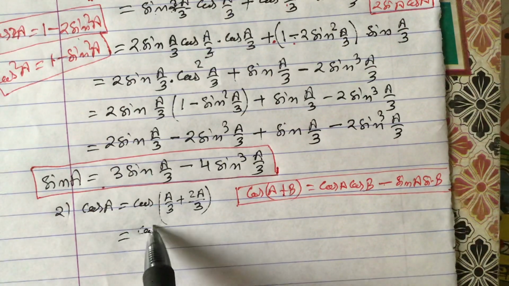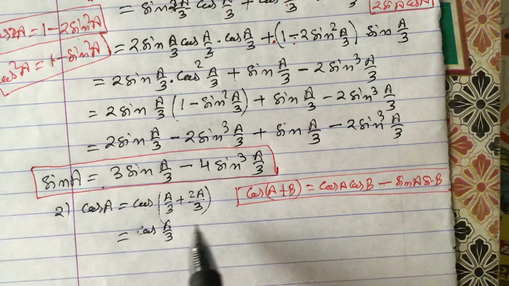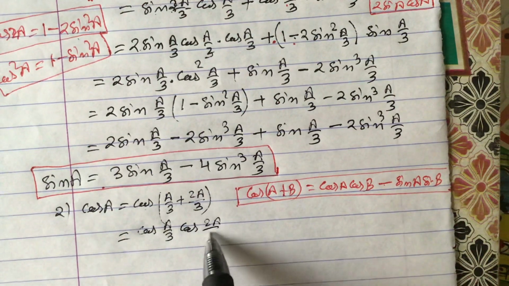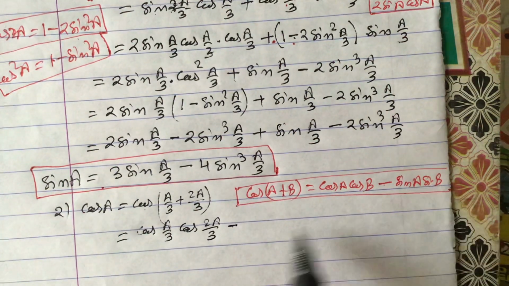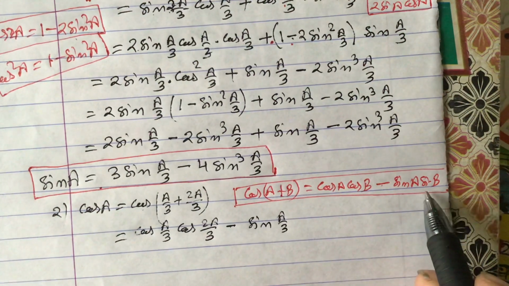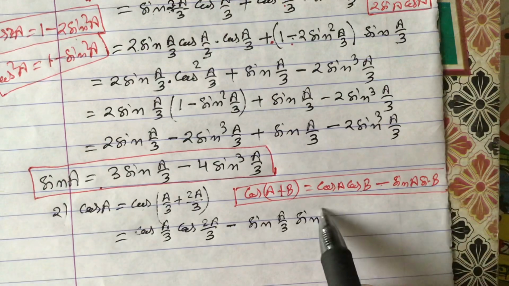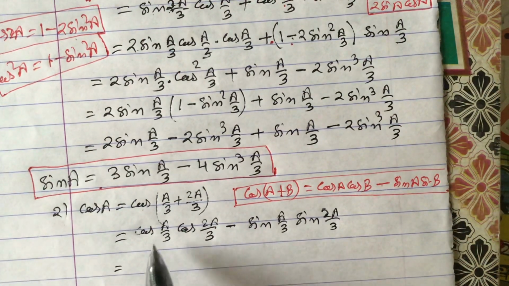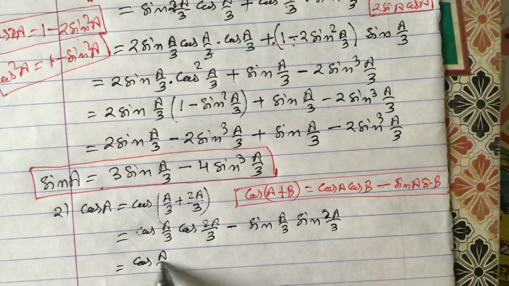Okay, then cos A means cos A by 3, and then cos B means cos 2A by 3, minus, now sine A means sine A by 3, and then sine B, sine 2A by 3. Cos A by 3 as it is we can write.